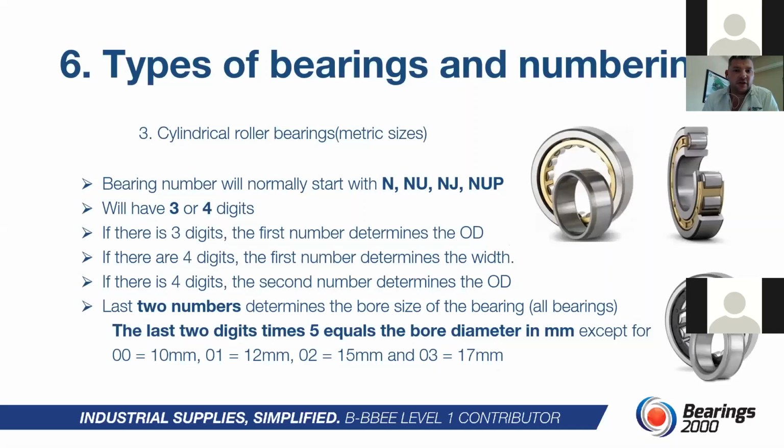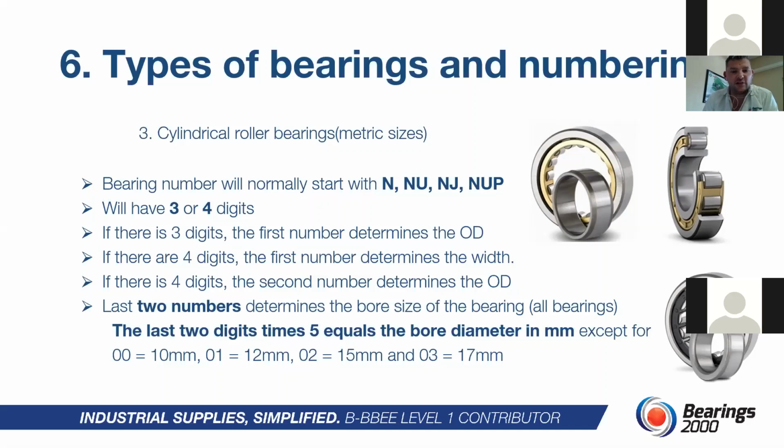Going on to the cylindrical roller bearings, again metric sizes. The bearing number will normally start with N, NU, NJ, or NUP in most instances. It will have 3 or 4 digits. If there are 3 digits, the first number determines the outside diameter, and if it has 4 digits, the first number determines the width. If there are 4 digits, the second number determines the outside diameter.